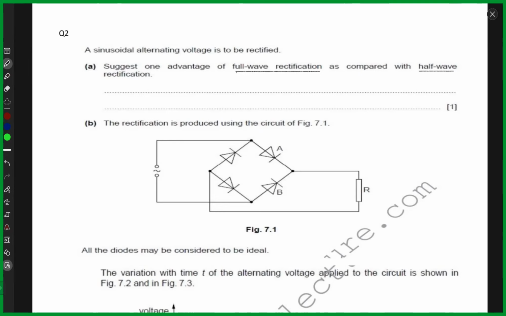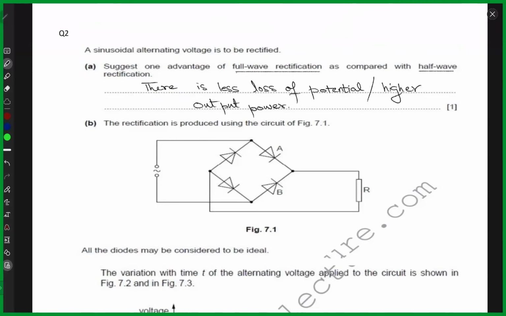If there is less loss, you can say there is less loss of potential, or you could say that if there is less loss of potential to the circuit, the advantage is that there will be a higher output power, right?